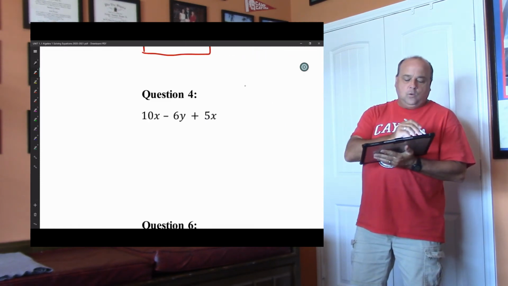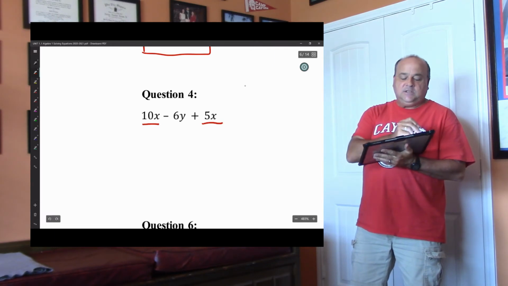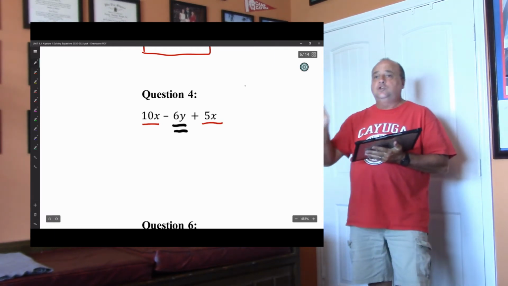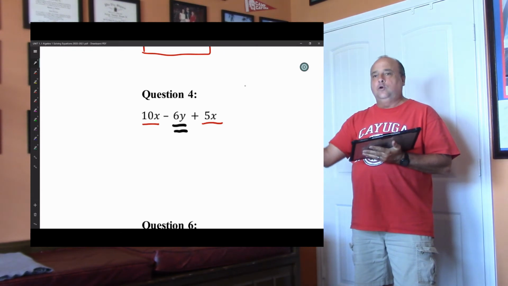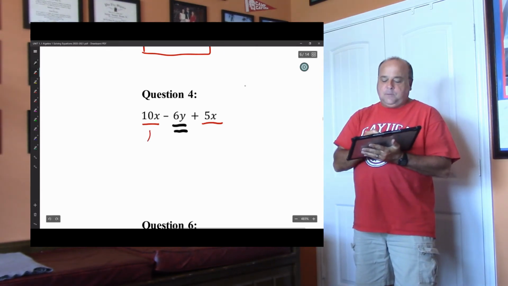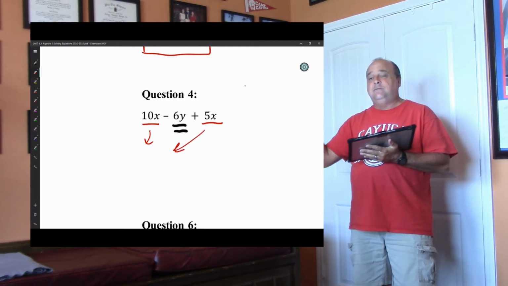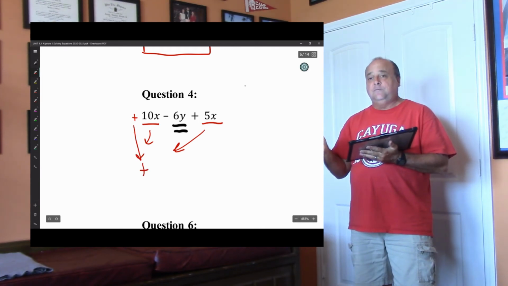Okay, let's go to question 4. Single underline the variables, x's, and notice the other variable y. Put them in alphabetical order. So you want your letters to be in alphabetical order. I cannot combine a y to an x. So I'm going to group my x's together and then group the y's together. So the first step is to group the x's together. Do you have more 10s or more 5s? Get the sign first. You have more 10s, the sign will be positive.